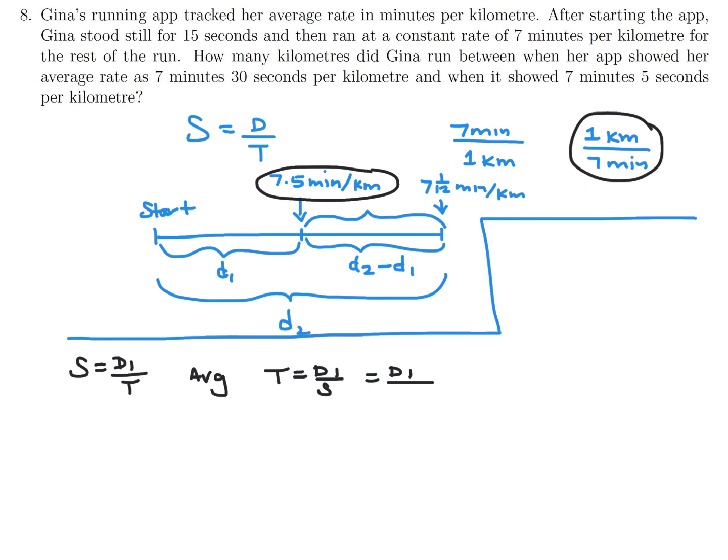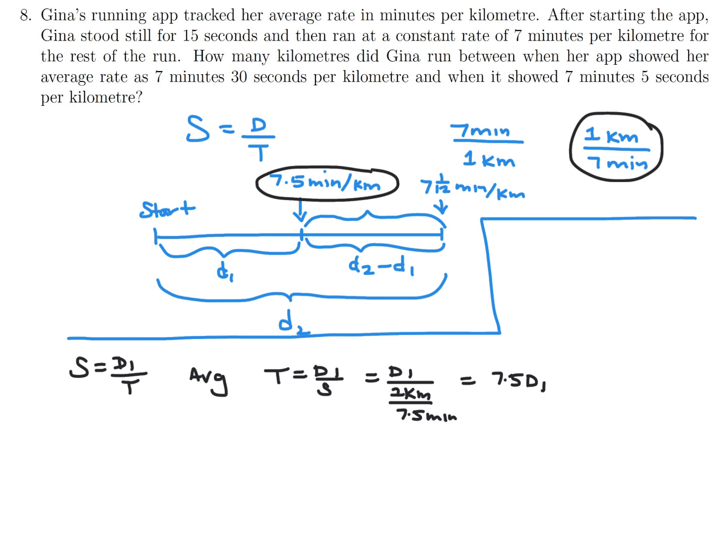So I'm going to flip it. So it'd be 1 kilometer over 7.5 minutes, like that. So that's going to be 7.5 d1. I'm going to just get rid of the units there. Okay.